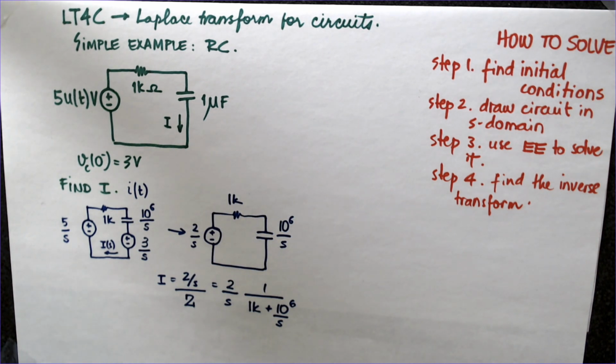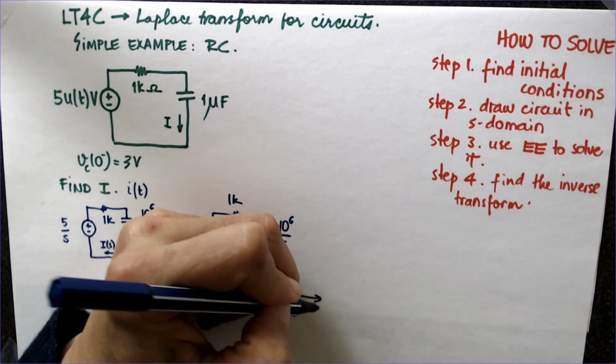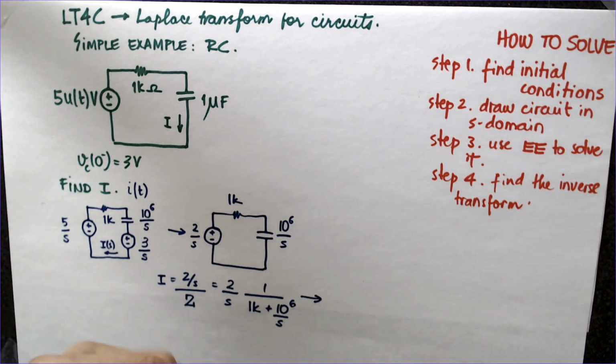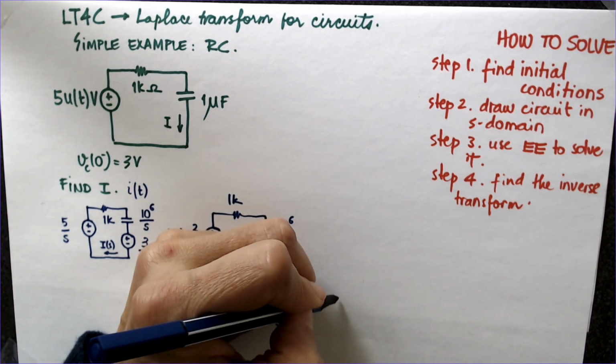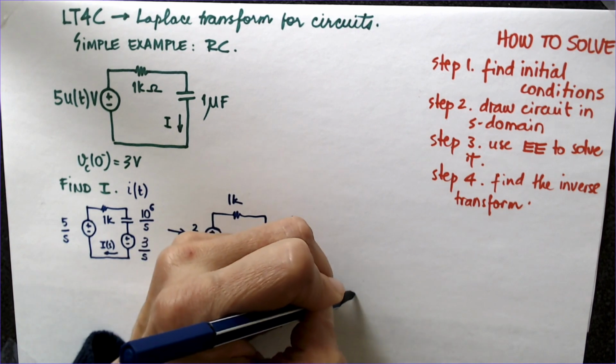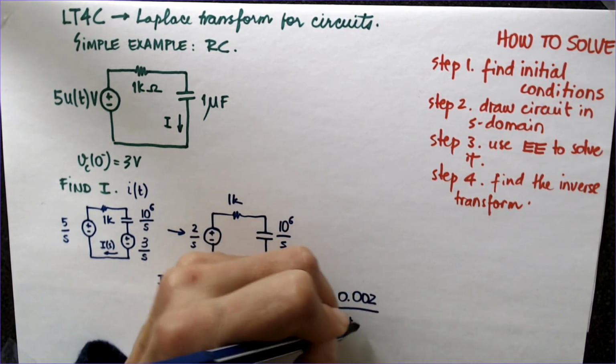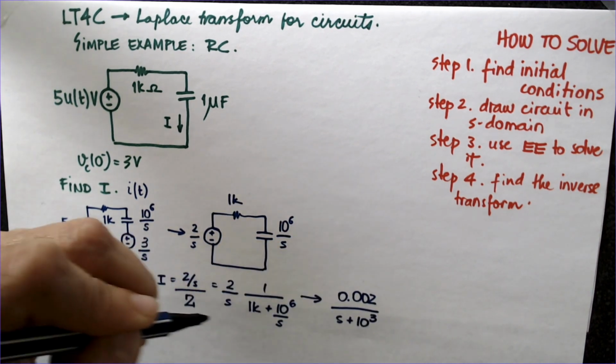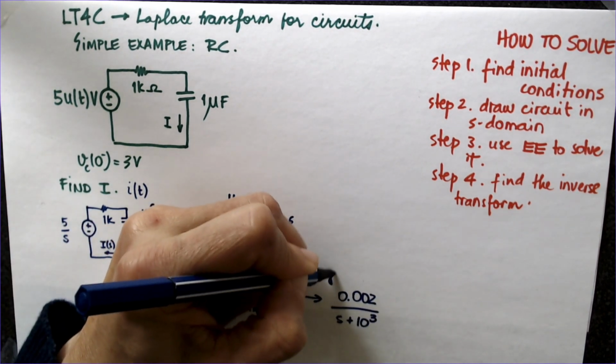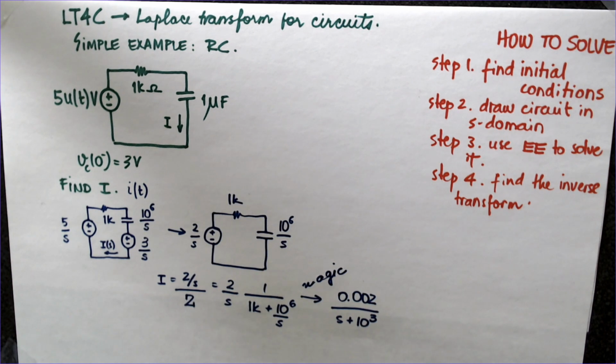So really the final formula for I of S will be 0.002 divided by S plus 1,000. I hope this is correct, and if I made a mistake, please post in comments here. But this is a normal equation for a low-pass filter.